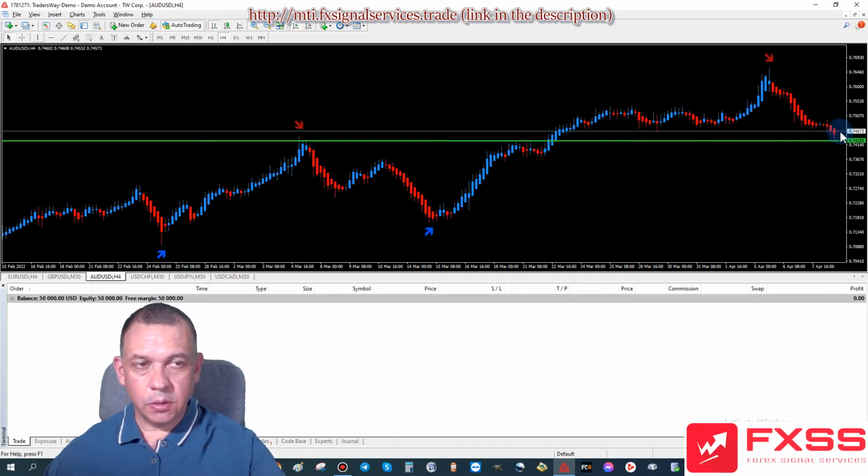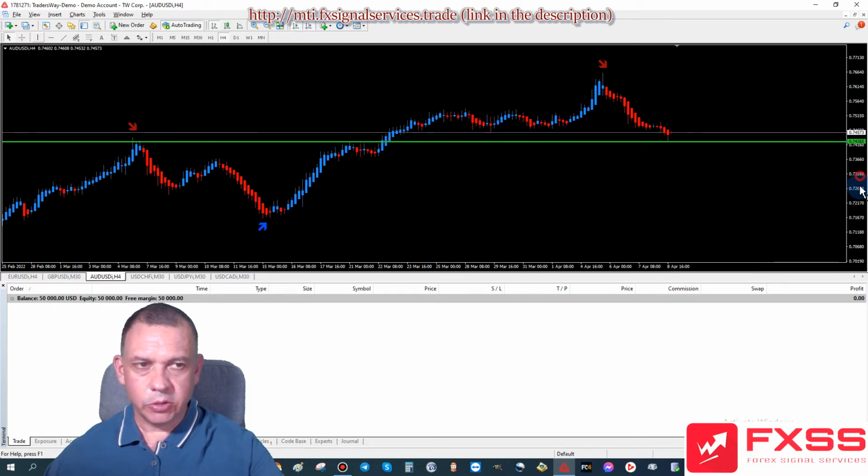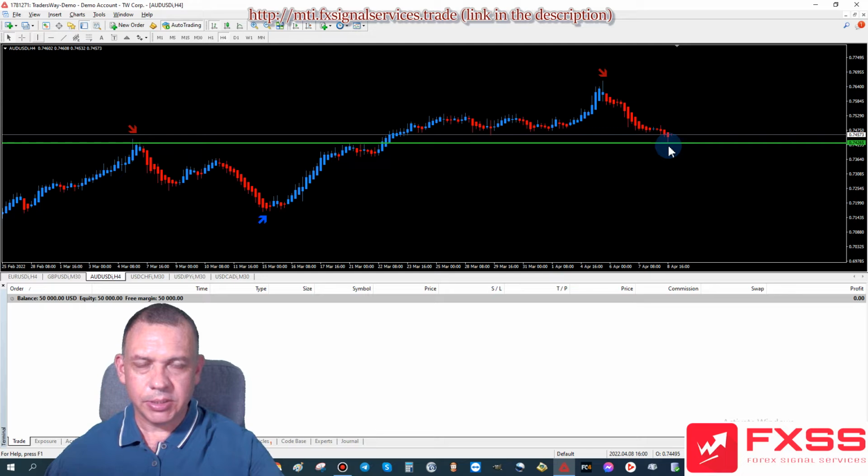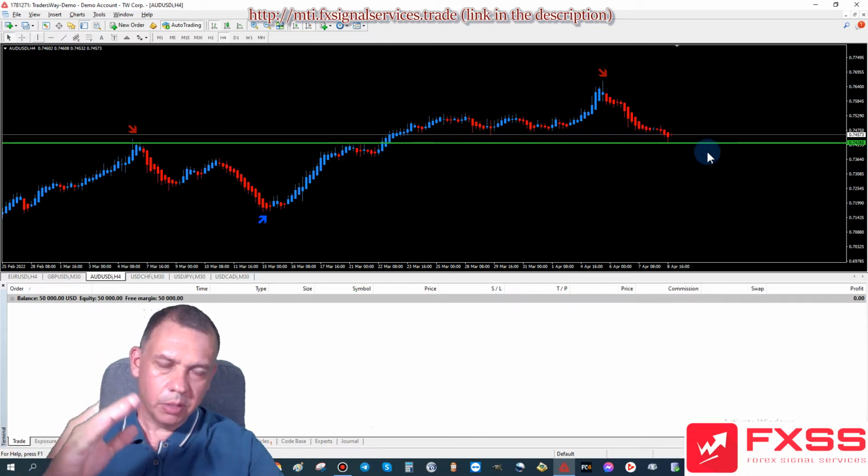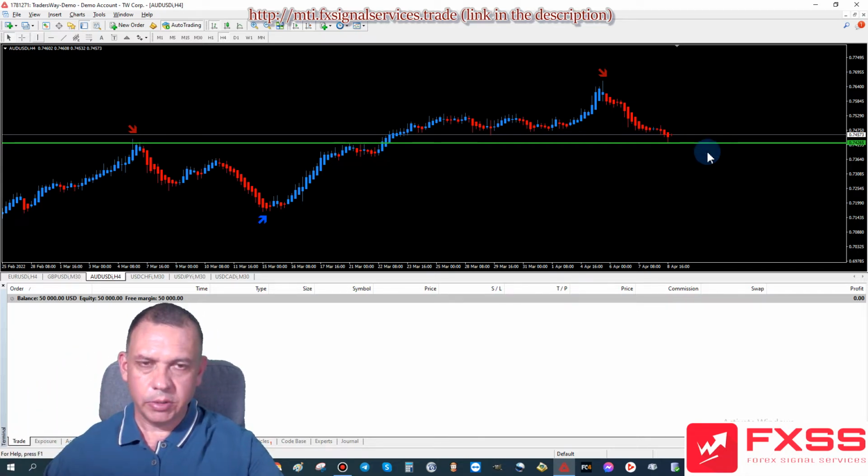So yes, it could go up. Even though you don't have a blue arrow right now, it could go up. Now what could possibly happen, let me shift the chart so you can see. Since there's no blue arrow, I do feel like it probably will drop further, but in the short term, like this week, it'll probably go back up, and then maybe towards the end of this month we'll see it drop and break this support.